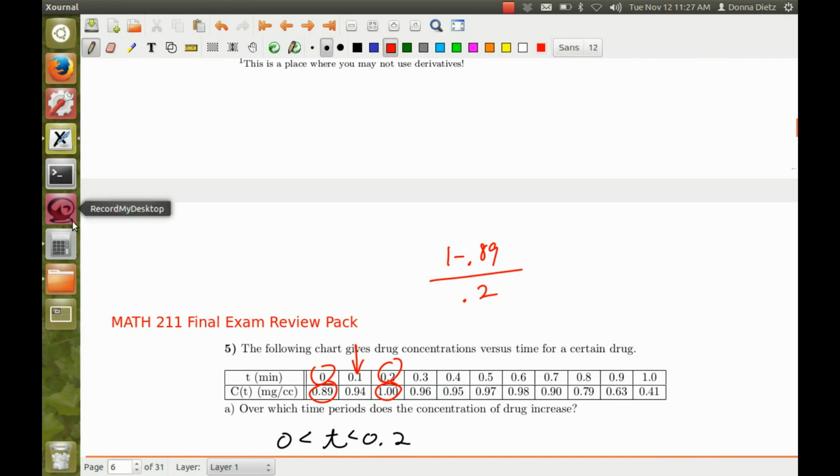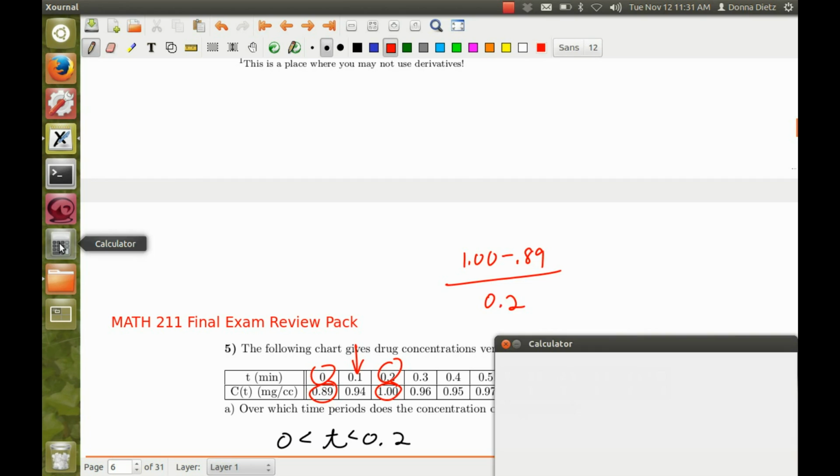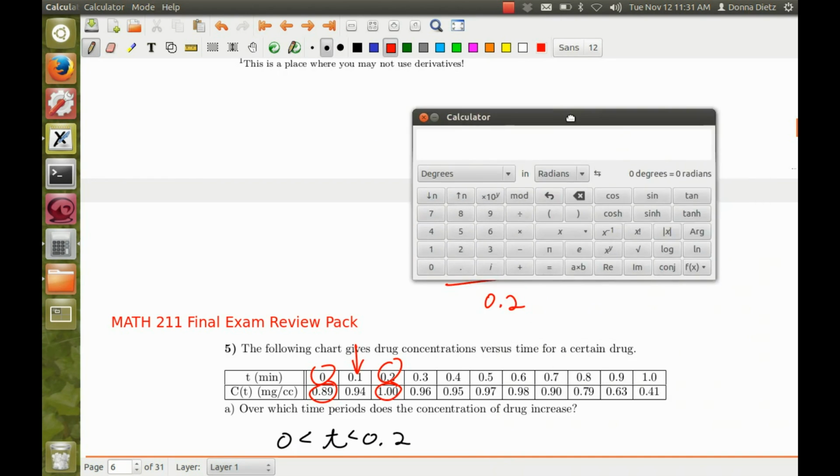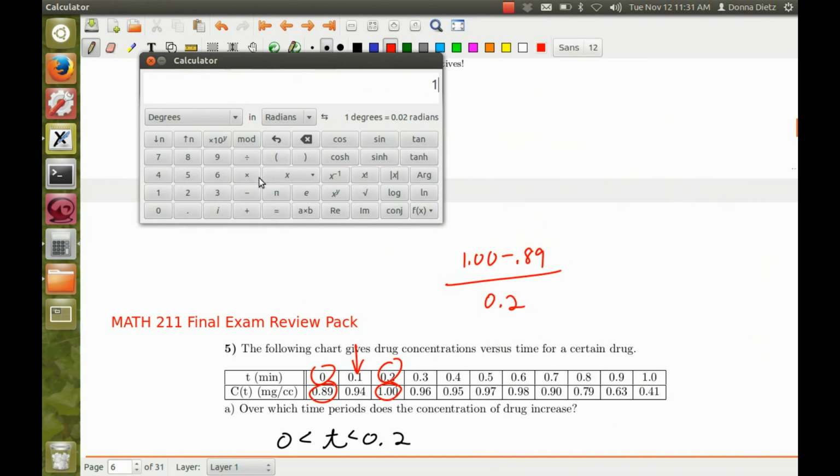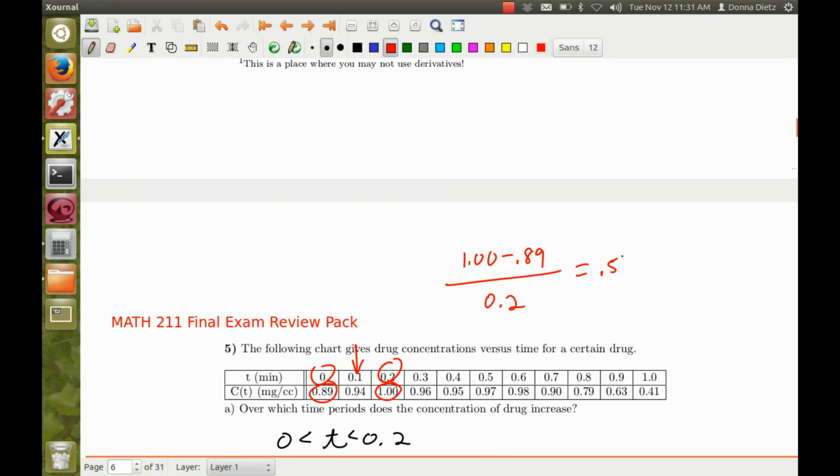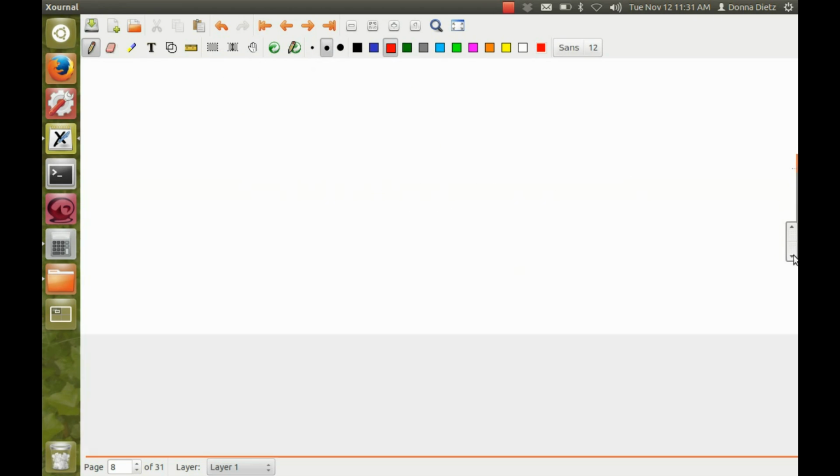So what we're doing is 1.00 minus 0.89 divided by 0.2. You can pull out the calculator if you wish. 1 minus 0.89, hit the equals, and then divided by 0.2 equals 0.55, which is the same thing we got down below.